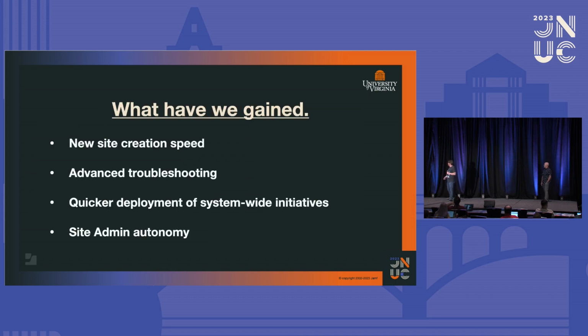So what have we gained? New site creation speed. Now we can fire up this thing, pick our policies, our configuration profiles, our smart groups, and our advanced searches that we use for new sites, and have a site. Instead of things that would usually take hours, we can now get a new site up and running within a couple of minutes.